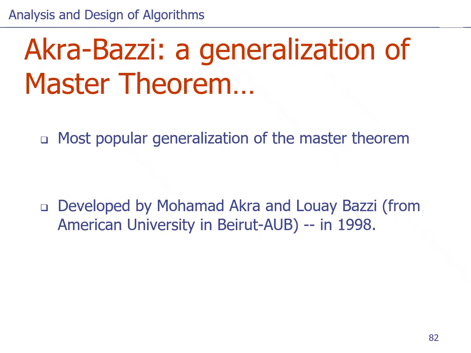So they write this paper and they publish it, and this becomes, up to now, the best generalization, and kind of the better approach to finding the performance of any recursive code, regardless of how complicated the recursion is, and regardless of the recurrence itself.